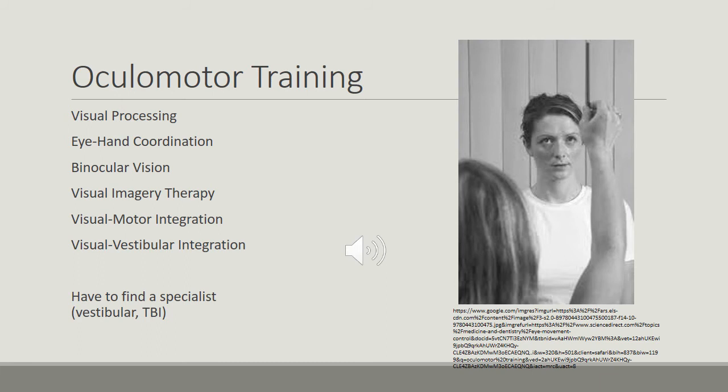And though you may find a therapist that knows how to use a handful of things, having somebody with the experience, the extensive background in the training, and the hours treating people will take you a long way. A few things you might find in oculomotor training: visual processing and eye coordination drills, binocular vision, visual imagery therapy, visual motor integration, and visual vestibular integration.